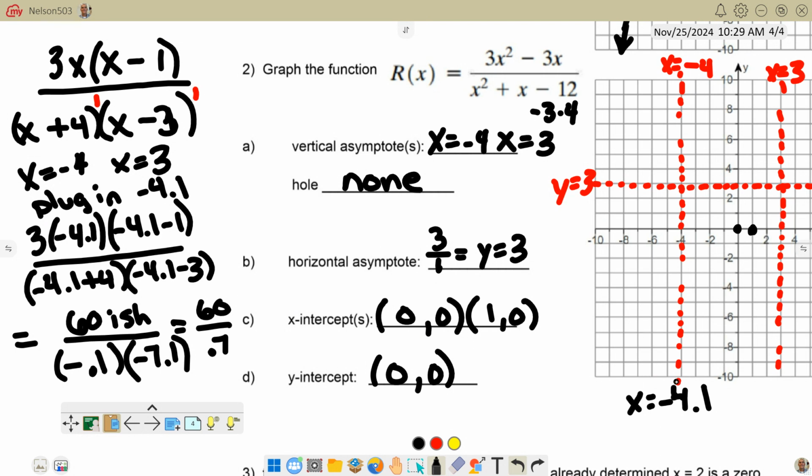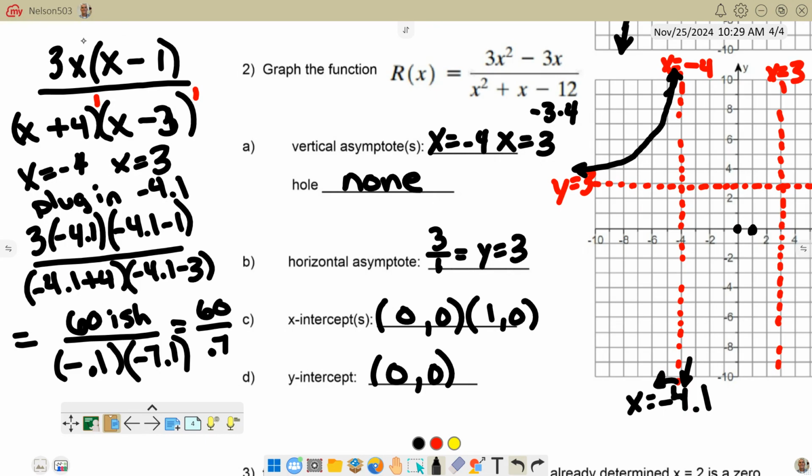So on this side of my vertical asymptote, I know the function is getting closer to the vertical asymptote. It's going to positive infinity. It's going to come down and get close to the horizontal asymptote. And then since this one's going up, I'm going to make this one go down. Now it's going to come up here. It's got to cross over this x-intercept, and it's got to cross over this x-intercept.